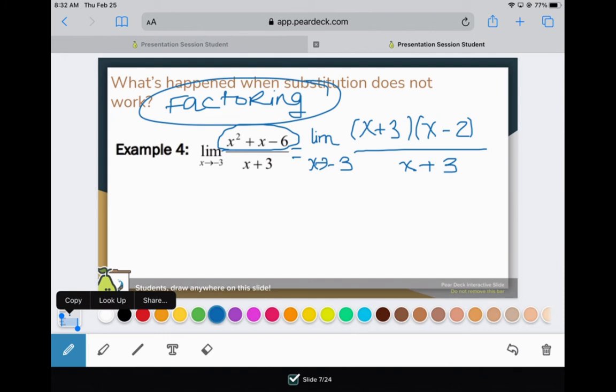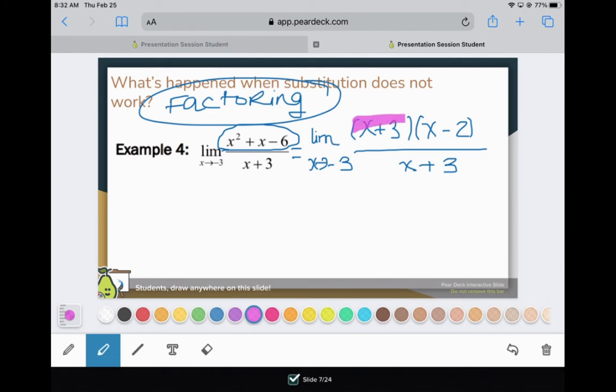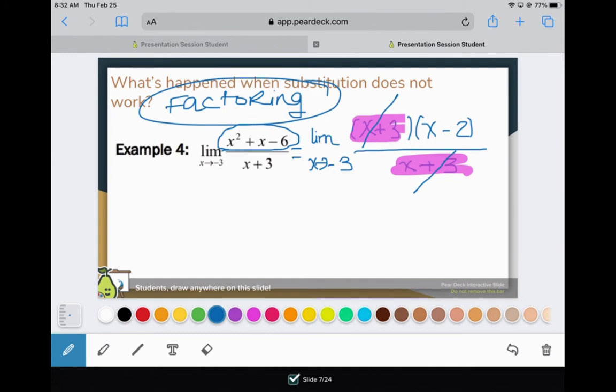Okay. So you look at this one. Once I factor this out, look at my terms, this one and this one. They match. What that means is I can cancel this one out. The reason I factor it out is so that I can cancel out one of the terms in the denominator, because the denominator is a problem.